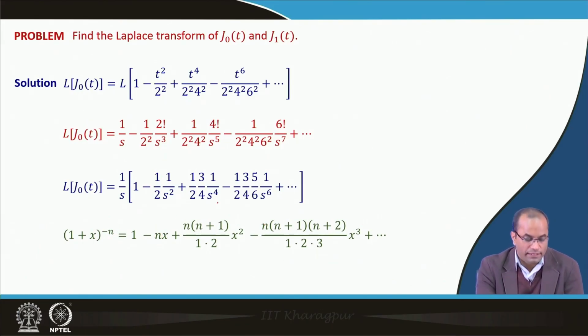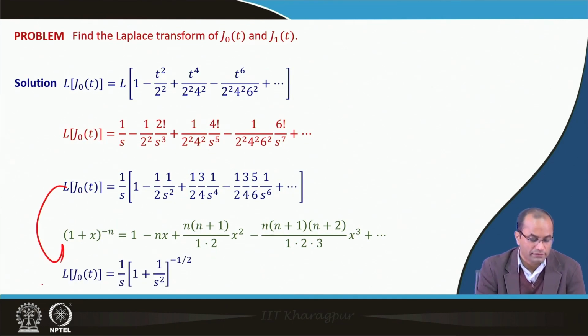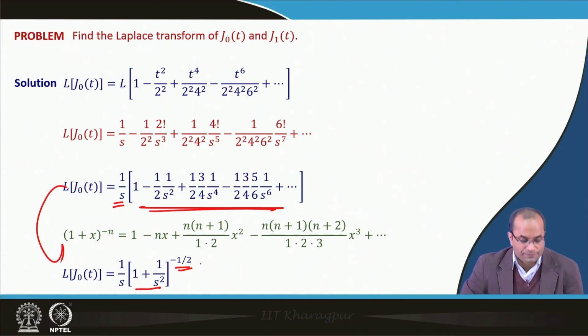So when n is half, we have 1 minus 1 by 2, then half, and then 3 by 2. So we will get precisely this one. Here also n is half, we have 3 by 2, and we will also get 5 by 2. So this can now be written as 1 over s times (1 plus 1 over s squared) to the power minus half.